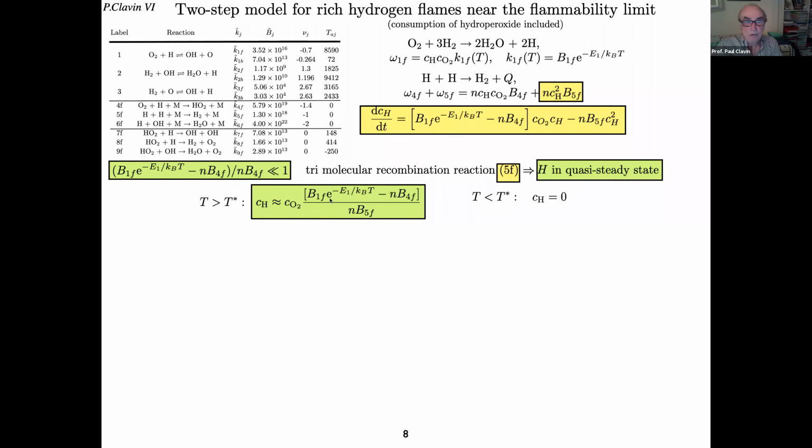So this is okay for T larger than T star, and T star is the temperature that makes the numerator equal to 0 here. Below T star the concentration of H is 0; the concentration of H cannot develop.